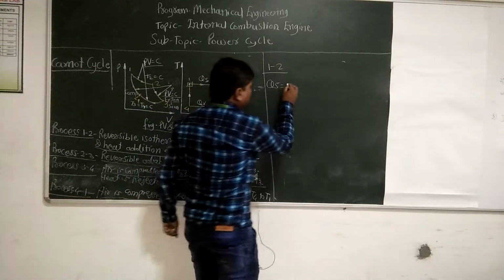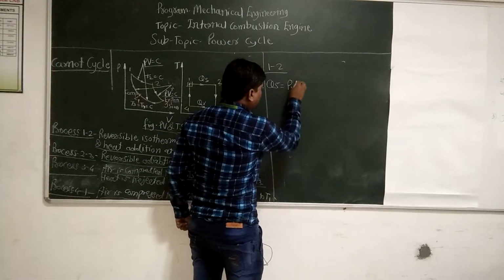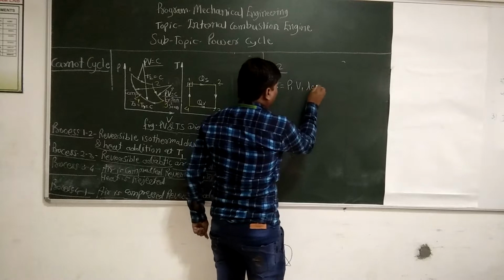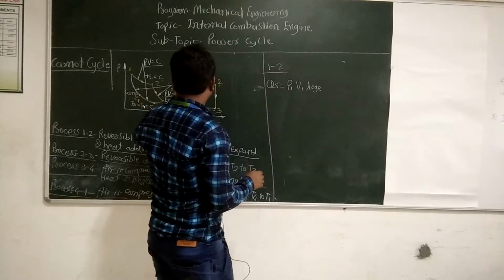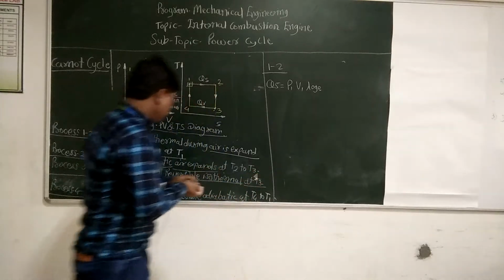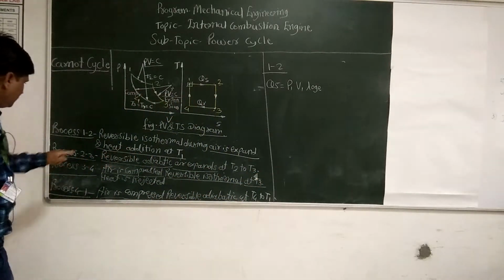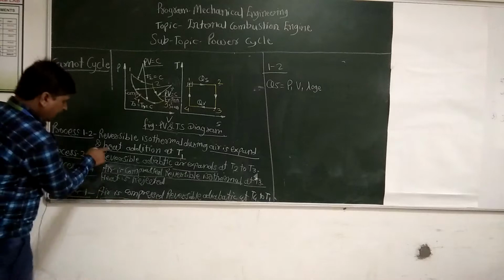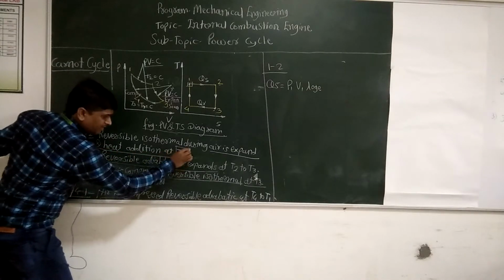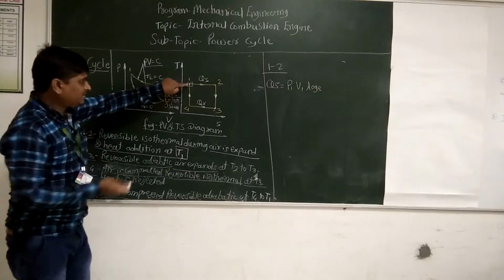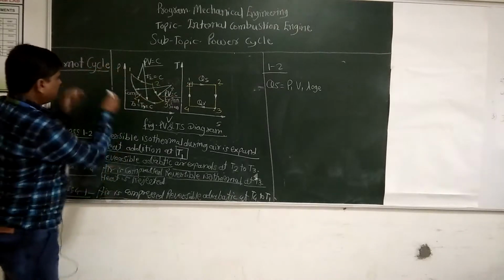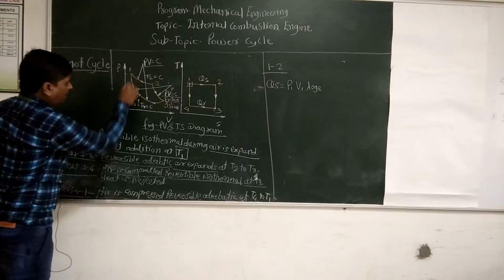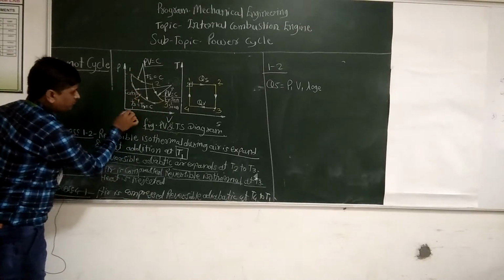Heat addition is at T1, so we consider point 1: P1, V1, log of e, V2 upon V1, because V2 is greater than V1.